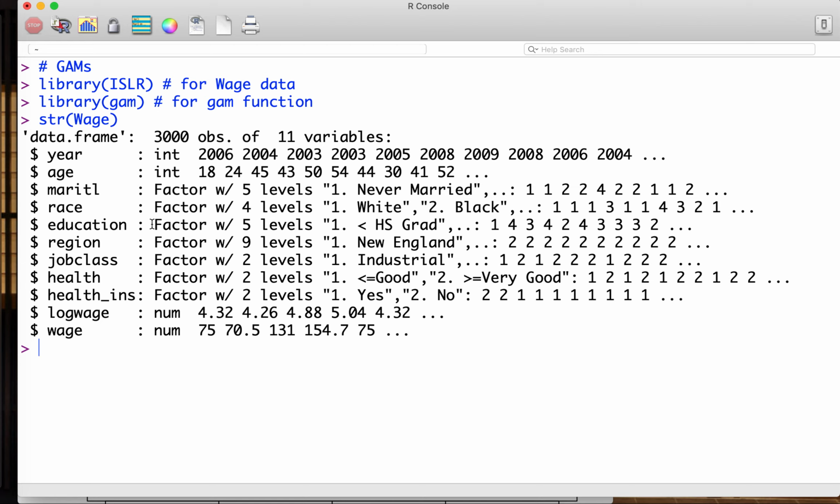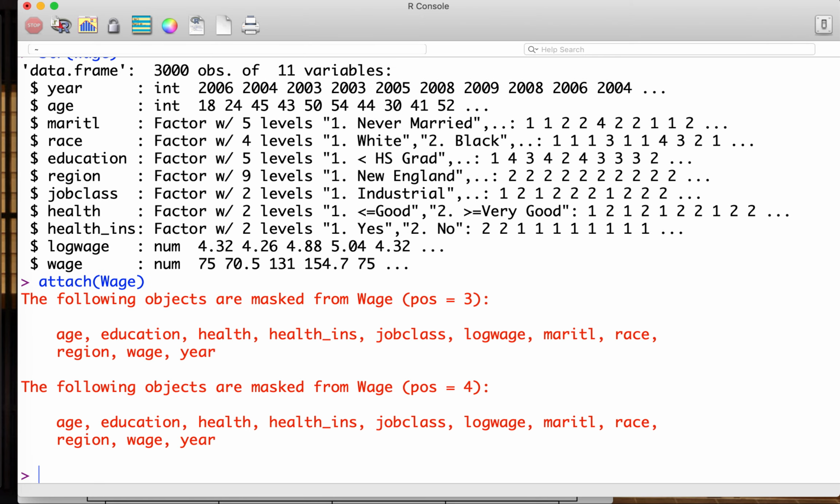And we are using year, age and education to explain wage. So at first attach wage, and since year is a discrete variable, this is not optimal for a scatter plot.